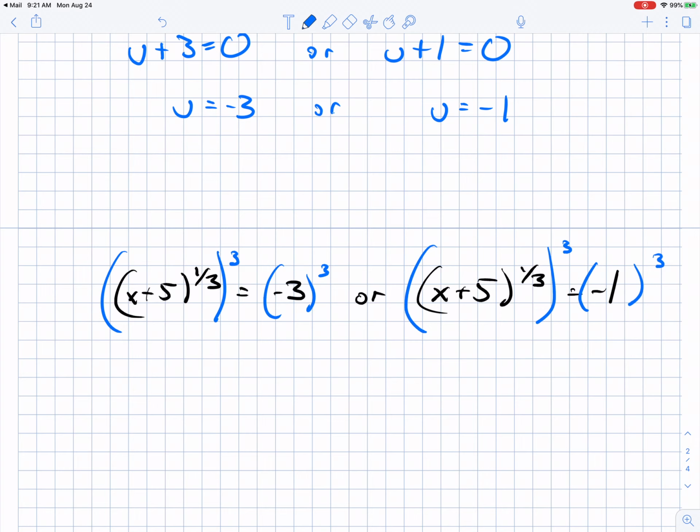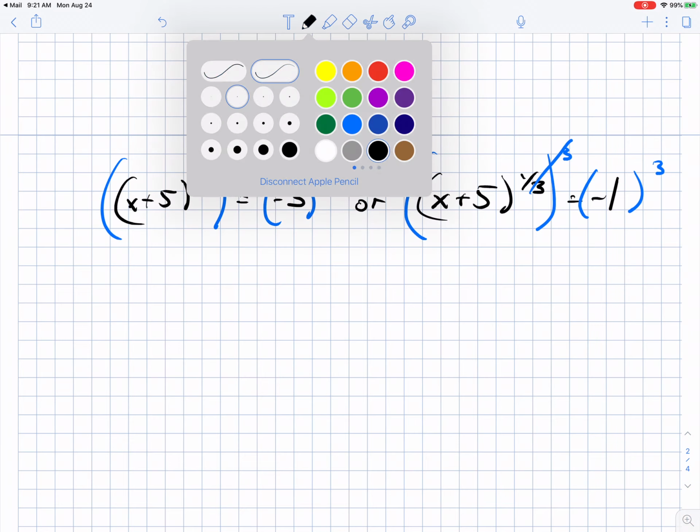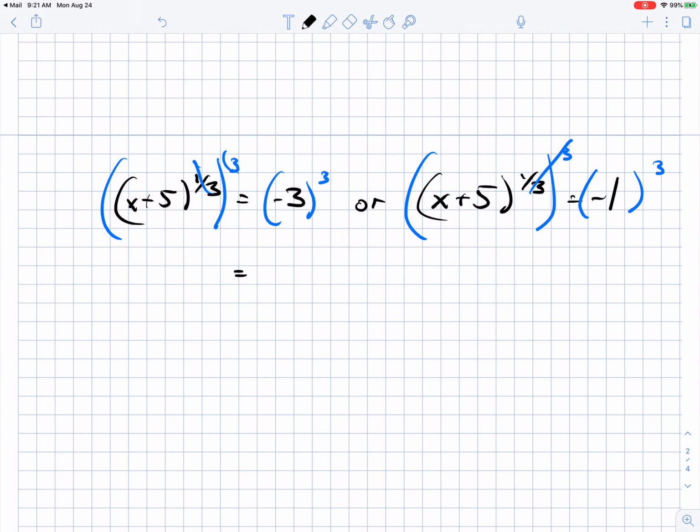So the cube cancels the cube root, and this leaves us with x plus 5 on the left and -27 on the right. Here on the left, we have x plus 5, and on the right, we have -1.